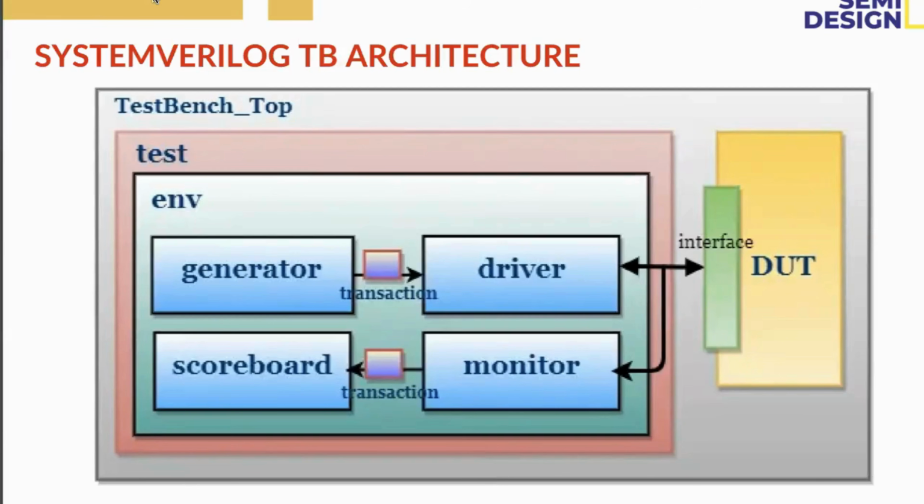To verify our DUT using the SystemVerilog TB, first we have to generate the stimulus, which the generator does. Then to drive that stimulus to the DUT, we need a driver.